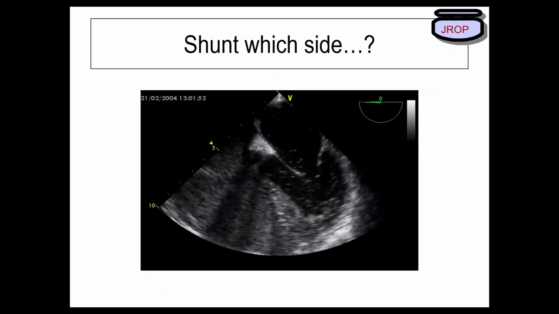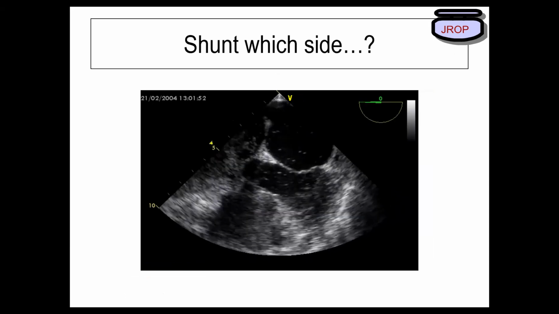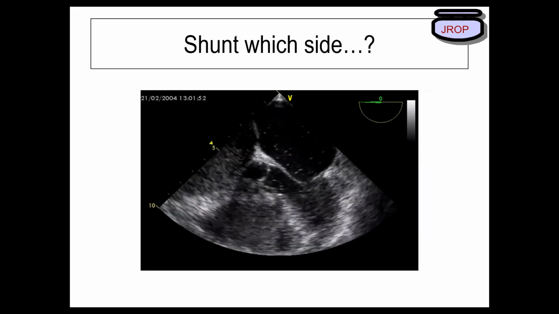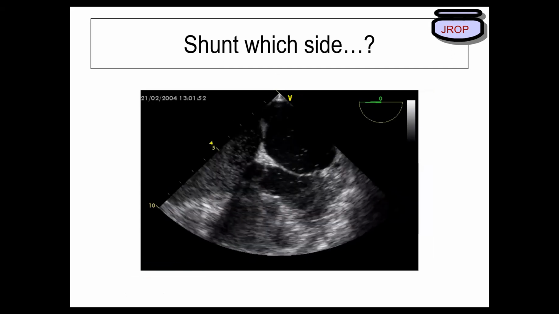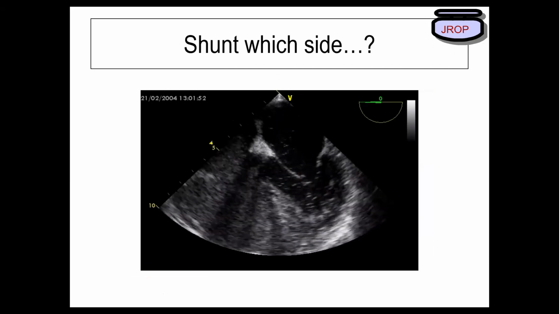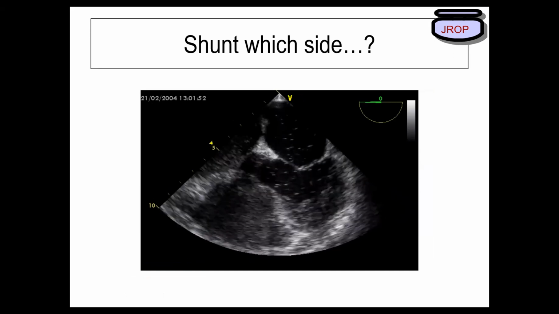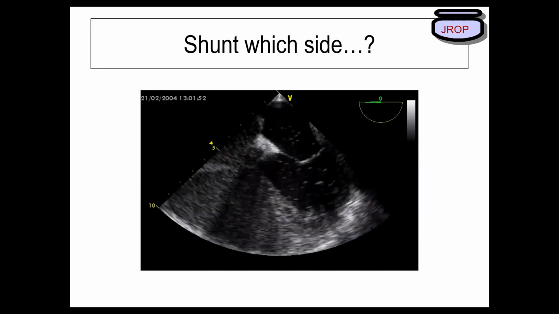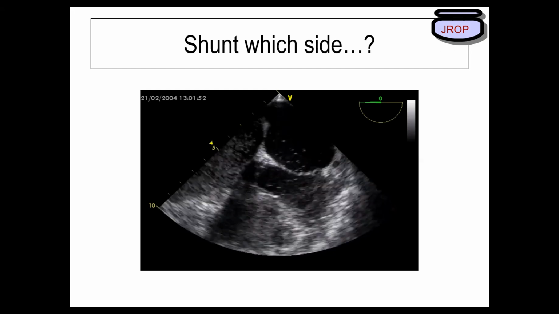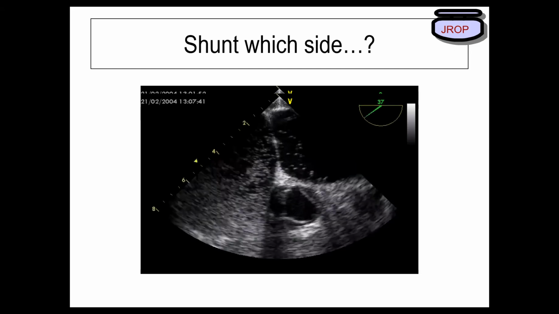We injected contrast saline into the RA, and you can see bubbles crossing over from RA to LA with Valsalva. Can you see these colored bubbles? Are they visible? Sir, could you use the pointer once again? I can make out, but I'm not sure whether it's the same place.